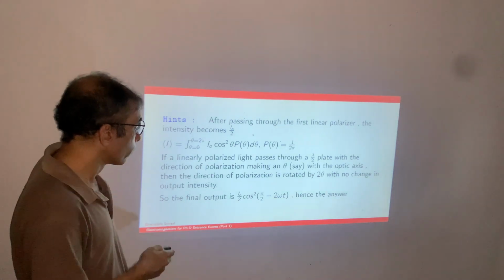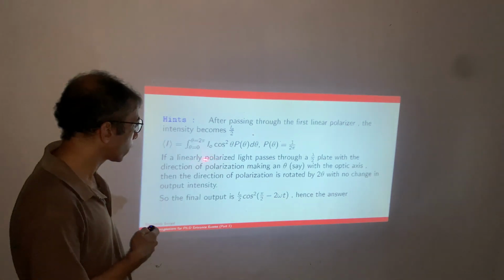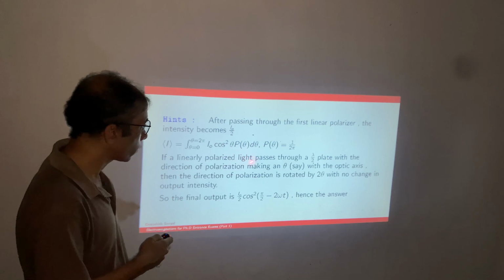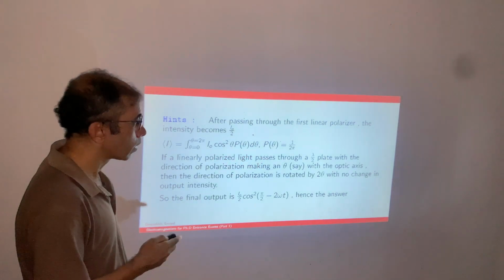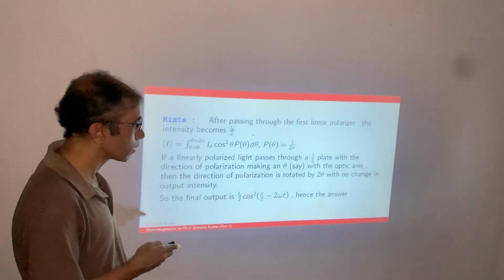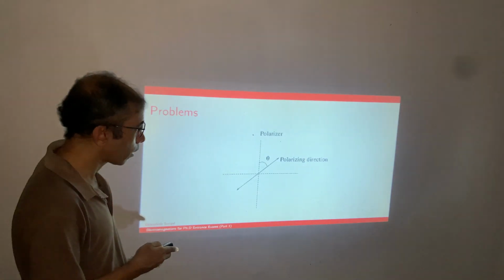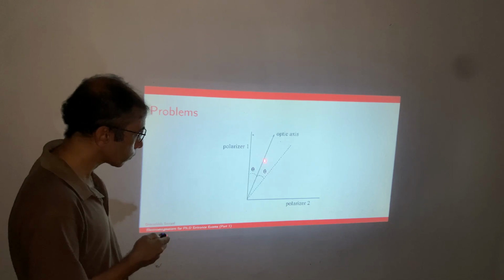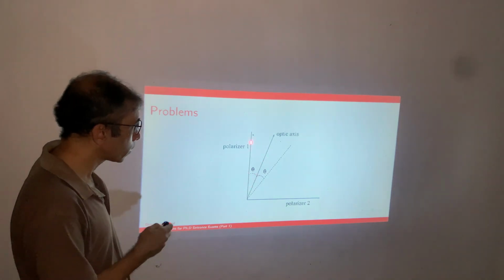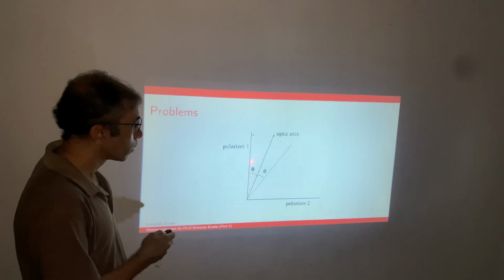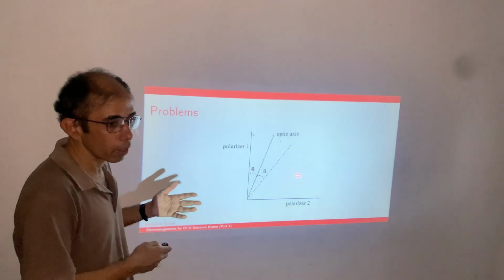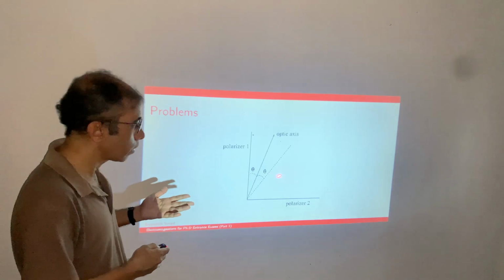Now, after it comes out from the first polarizer, the light enters the half wave plate. In the half wave plate, the light breaks into an extraordinary component and an ordinary component.